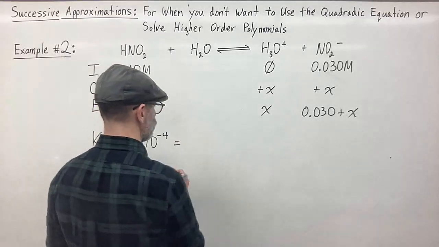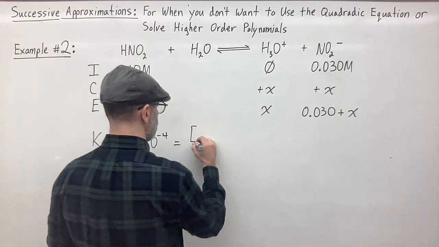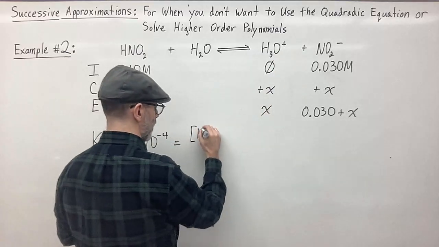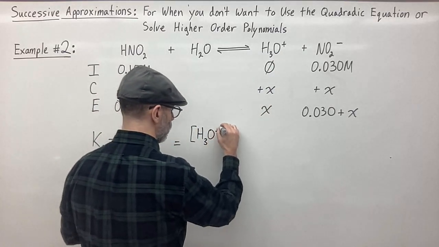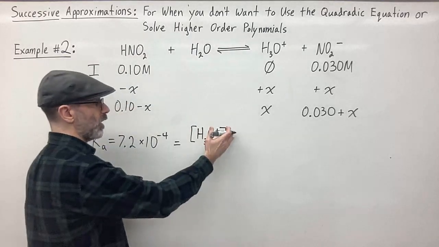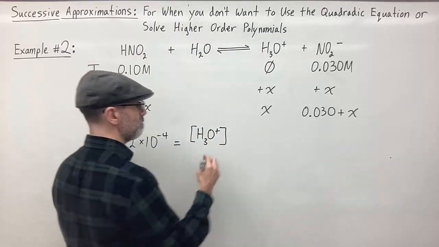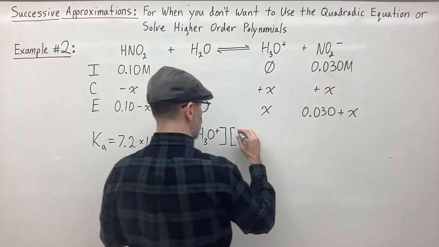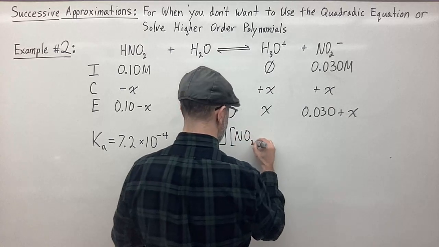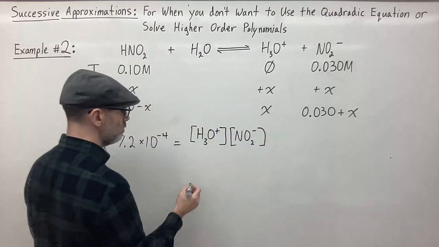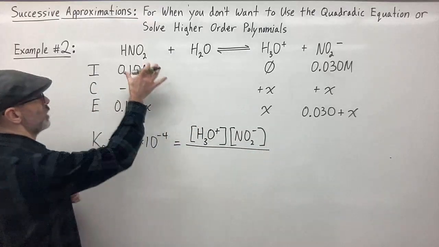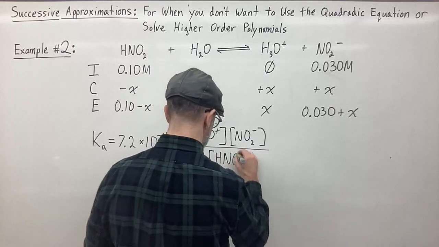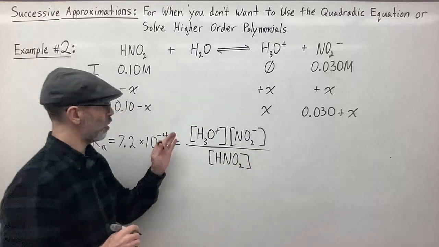That's going to be equal to, and the expression is going to be products over reactants. So here I have hydronium ion, so it's H3O plus raised to the 1 power, because the coefficient is a 1. And we're going to multiply that by the concentration of NO2 minus, and that's over the concentration of HNO2, the acid. And so now we have the expression.